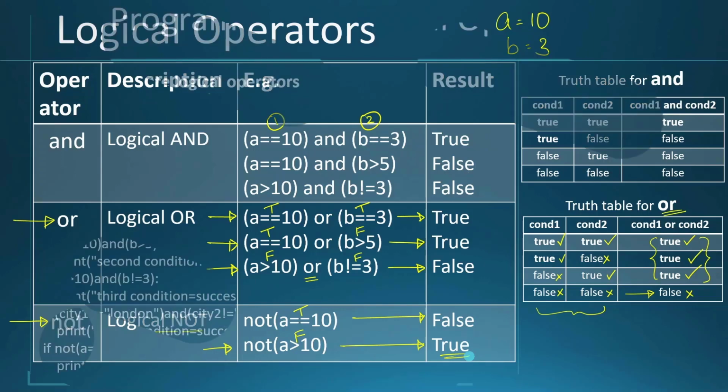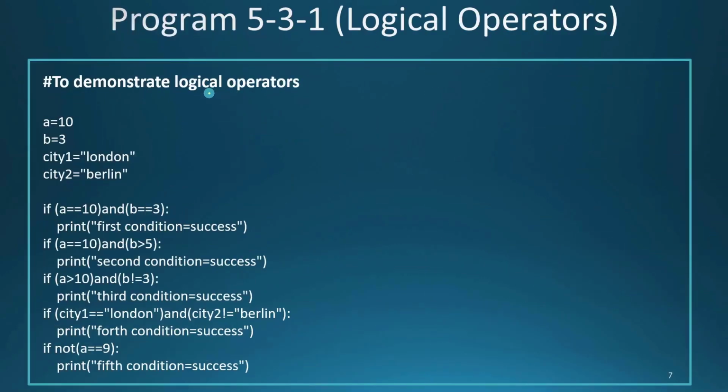So now let us continue. With this program, we will clearly understand how logical operators work in Python. We have four variables defined over here: a equal to 10, b equal to 3, city1 is London and city2 is Berlin. Now we have some if statements with condition checks. If the entire condition evaluates to true, then only the print statement inside the if will run.